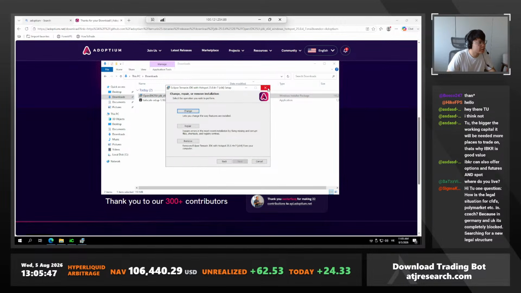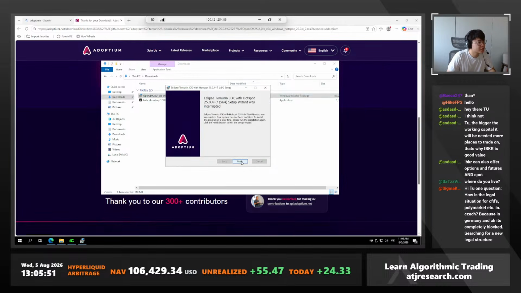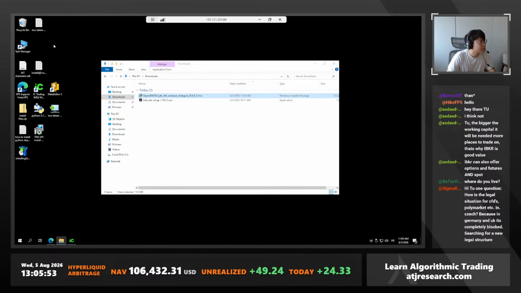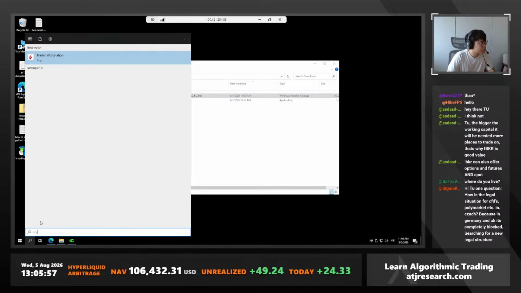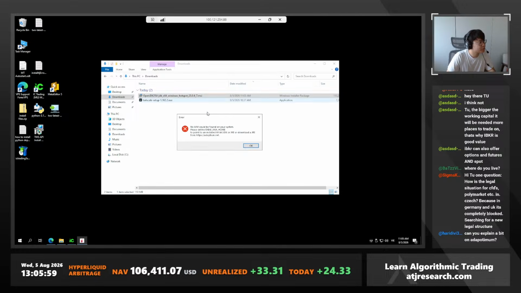I just installed it. So let's cancel the installation and hopefully my Trader Workstation will start. So this is actually quite unfortunate.